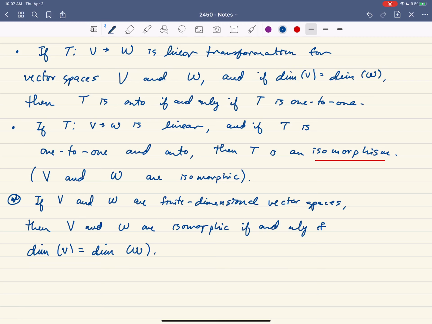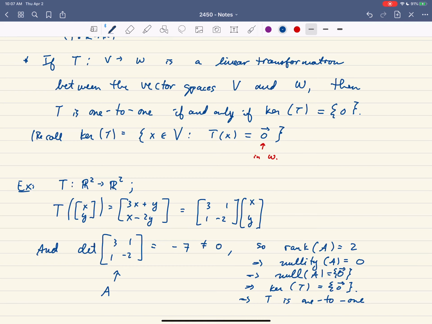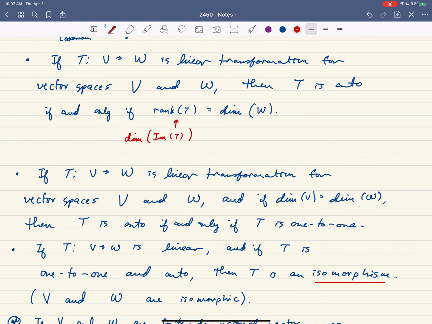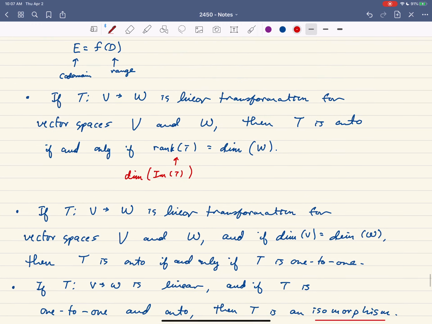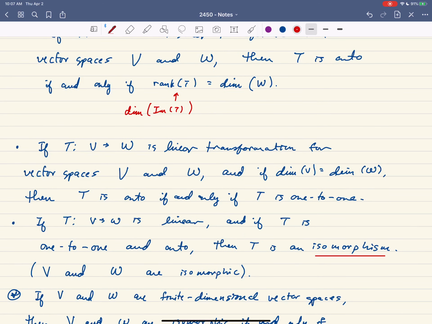And again, just to hit the highlights, remember that T is going to be one-to-one if and only if the kernel of T is the zero vector, and T is going to be onto if and only if the rank of T and the dimension of W are the same. Okay, and if V and W have the same dimension, then you know that one is onto if and only if it's one-to-one. So it has to have both properties or neither, can't be mixed.